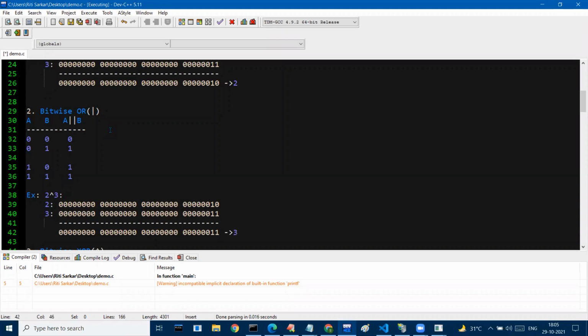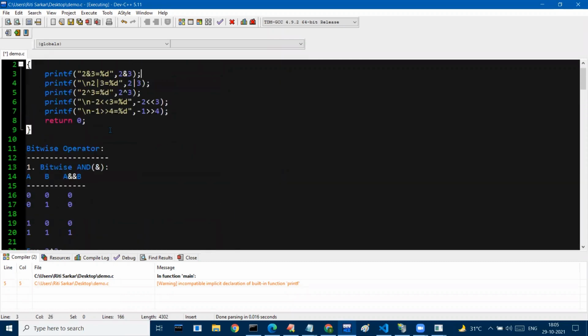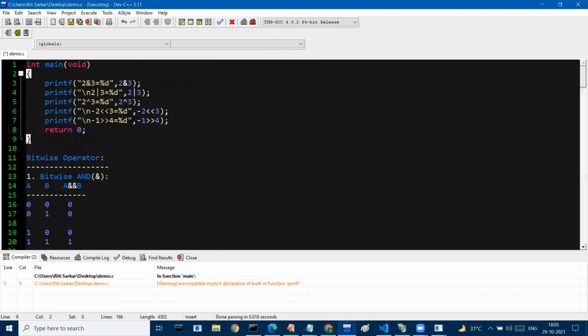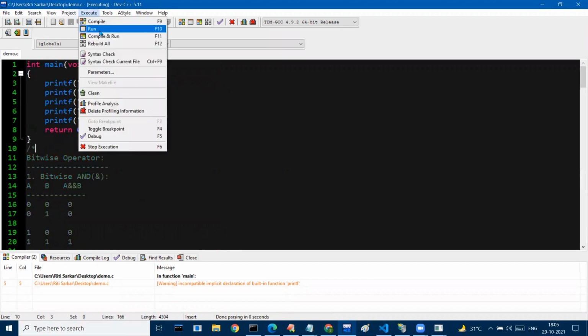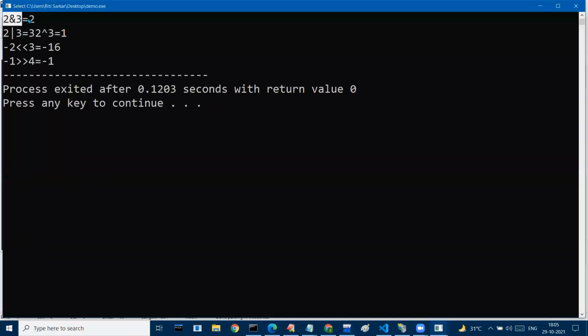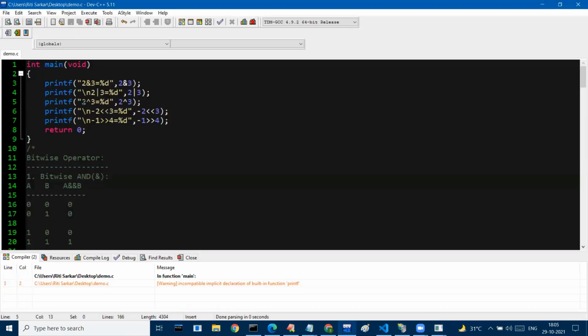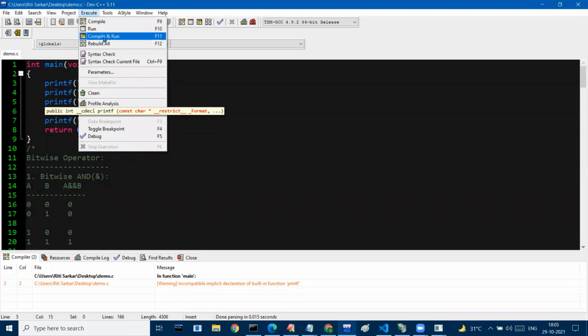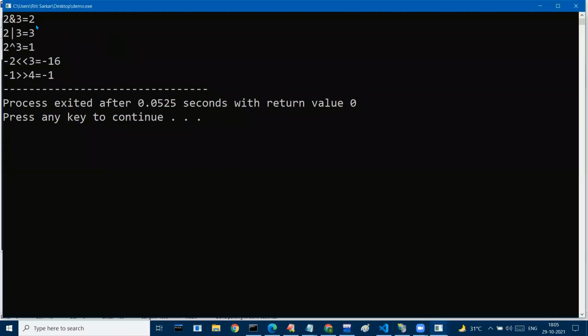What is the answer? 3. Let's see. First one is 2, next one is 3. Here one newline is needed. Execute, compile and run. 2 3 1.